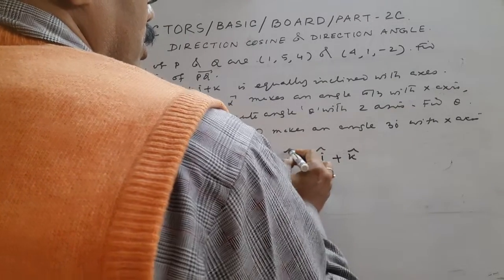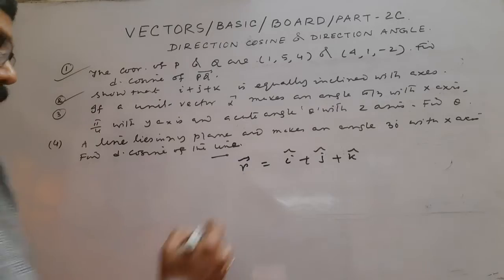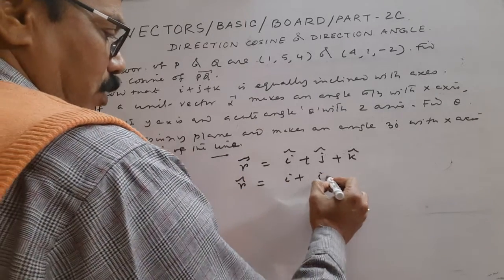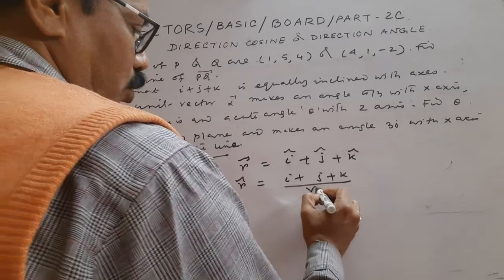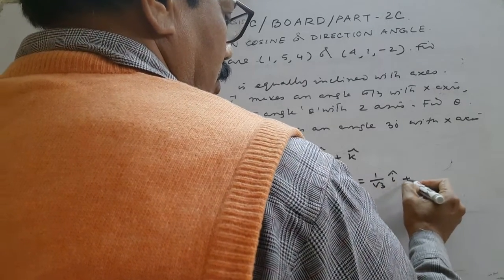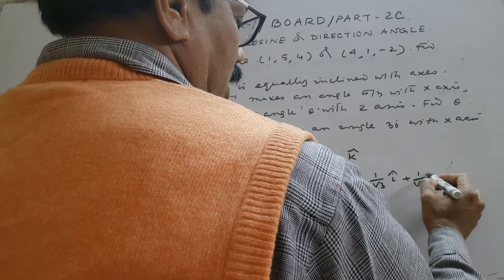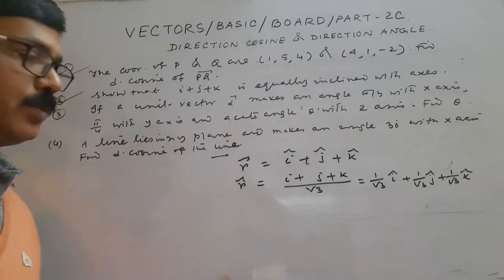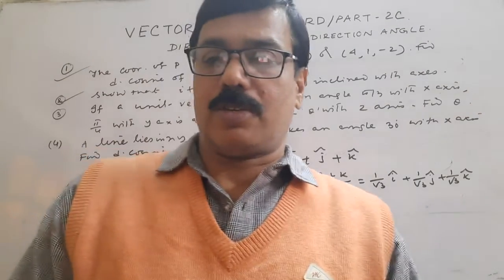Look, it is not a unit vector. So what is the unit vector? (i plus j plus k) by root 3. So 1 by root 3 into i cap, 1 by root 3 into j cap, 1 by root 3 into k cap. So this is a unit vector.